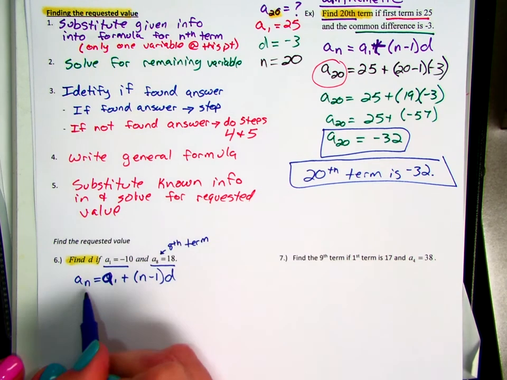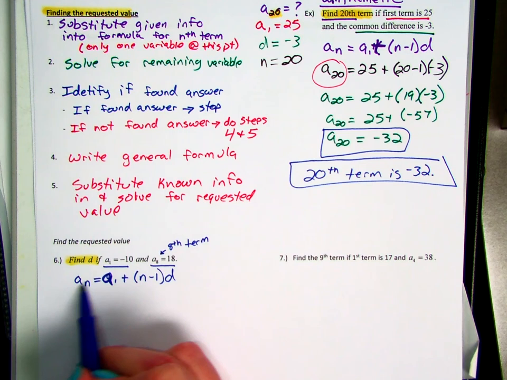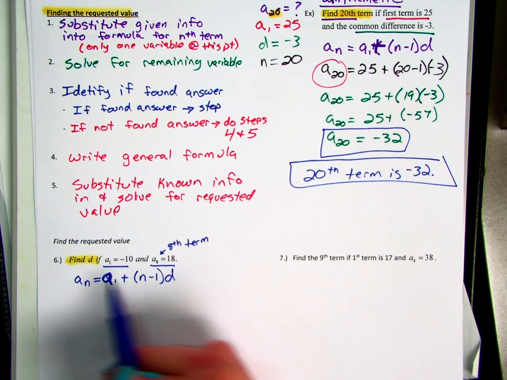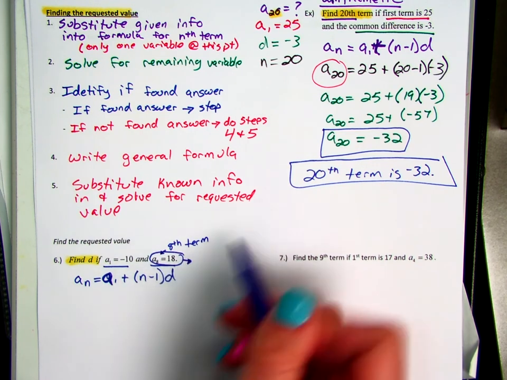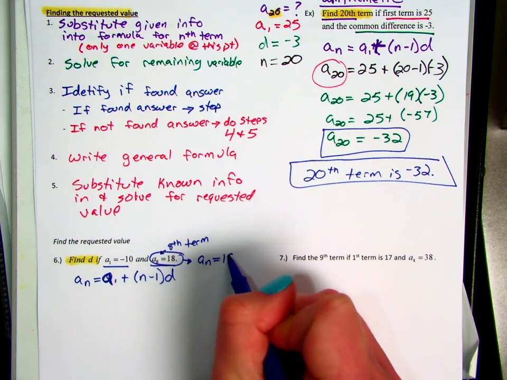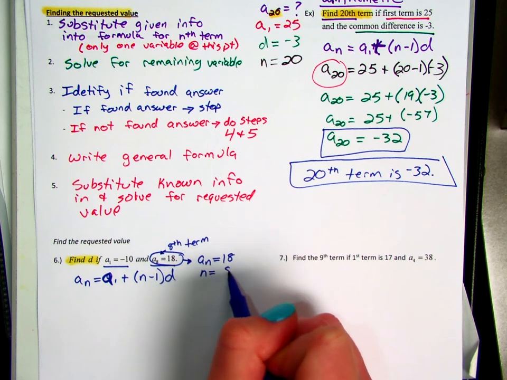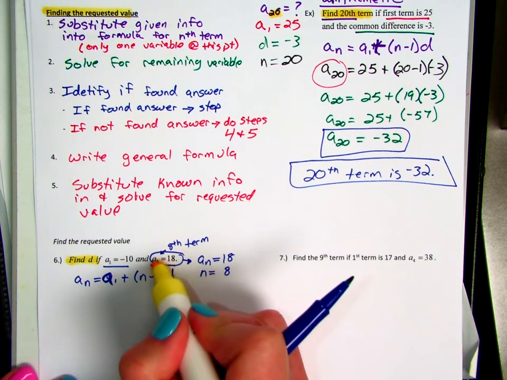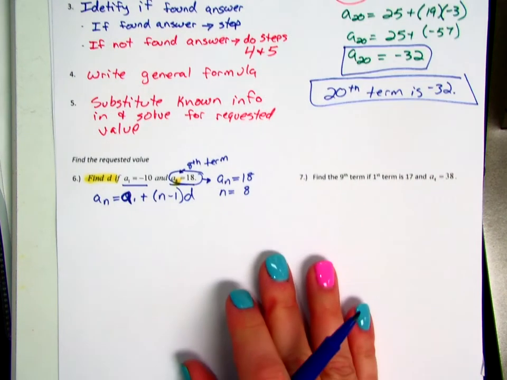A sub n and a sub 8 are really the same thing, because this is the value of a specified term. In this case, my specified term is a sub 8, so a sub n is actually 18, and n equals 8.